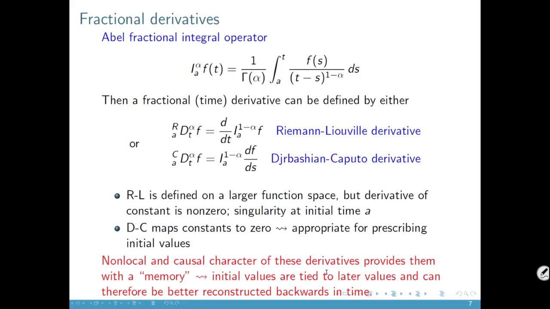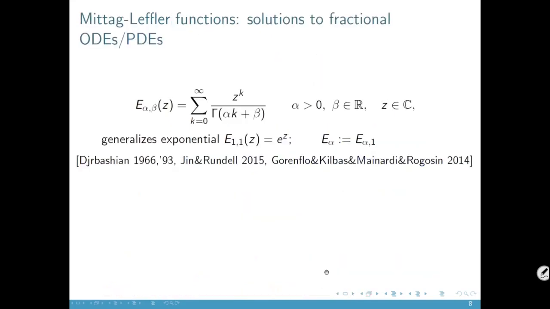And of course, due to the singularity, the current time instance t is given the most emphasis in this integral, which makes a lot of sense, but still backwards values are kept in mind in the sense of a memory. And this is good for reconstructing initial conditions, because if we have a PDE or ODE that keeps their initial values in mind, then it's of course easier to reconstruct these initial values. And we will actually see this.